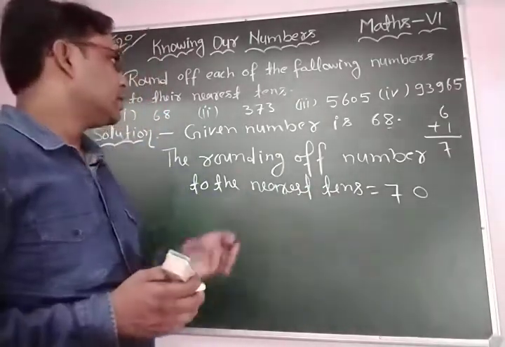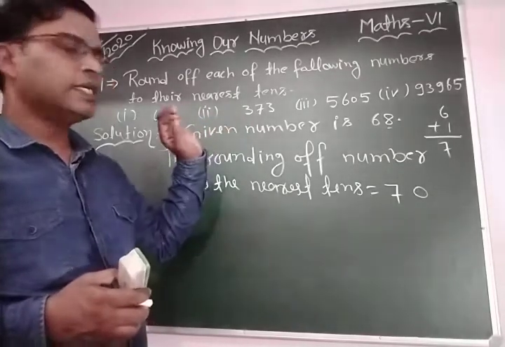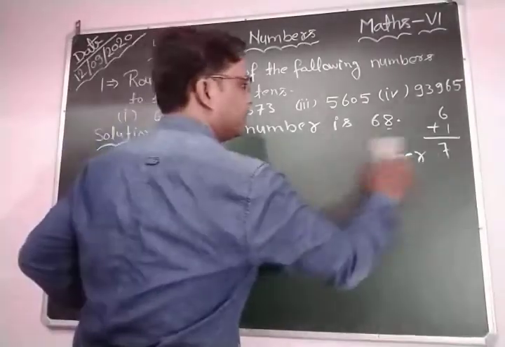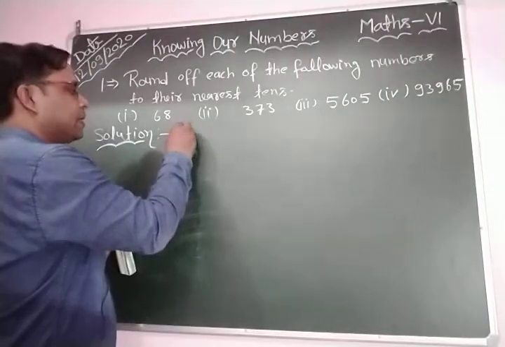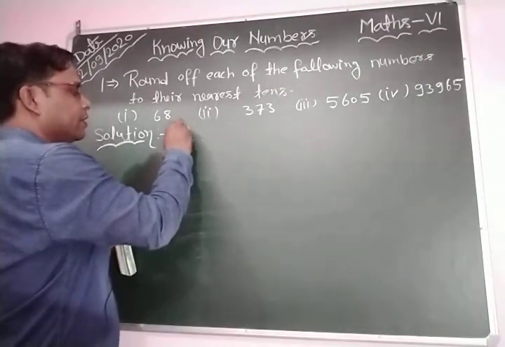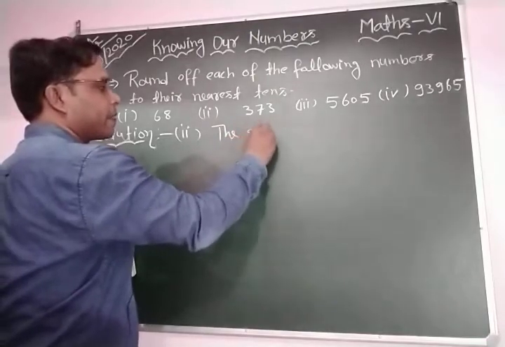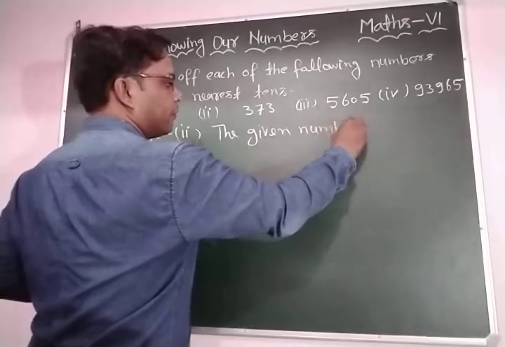Now the second part is 373. For this, first you write the given number.